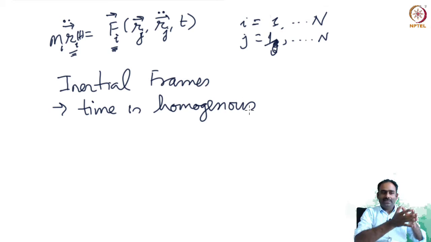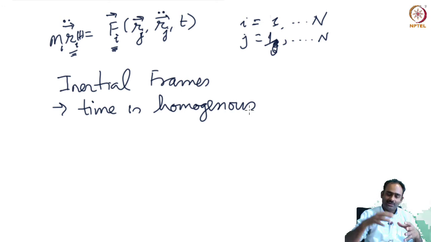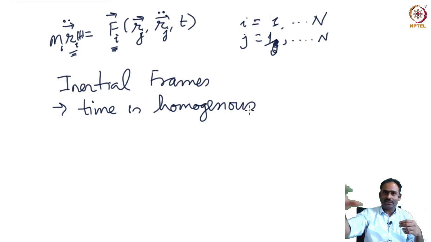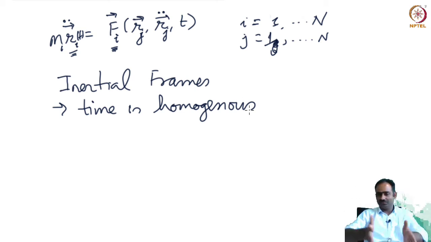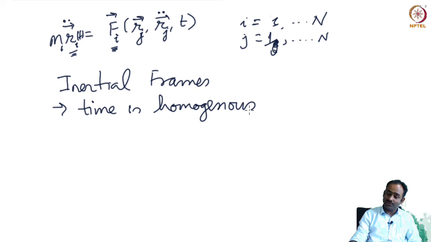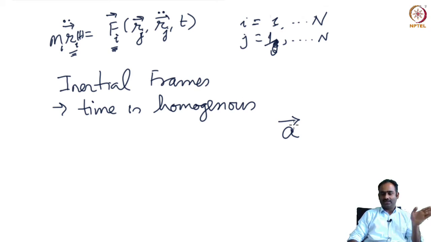So this location is in no manner special compared to any other locations. All locations are equivalent, meaning if I take my setup and translate it to another location, this way, that way, whichever way you take it, by some amount A, a vector, your results will not depend on the choice of A.